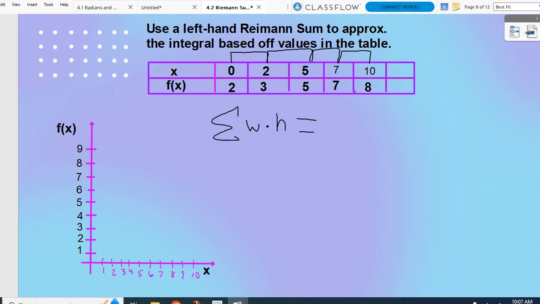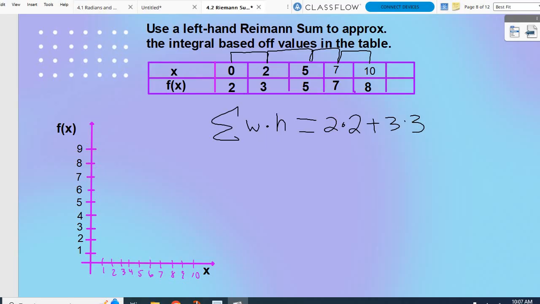2. Okay, and then we're wanting to use which height? The left one. So what's our y value for the left one? 2. And I'm going to add, what's the width for my next one? 3. Again, we're wanting to use the left endpoint. So what's our left endpoint y value? 3.